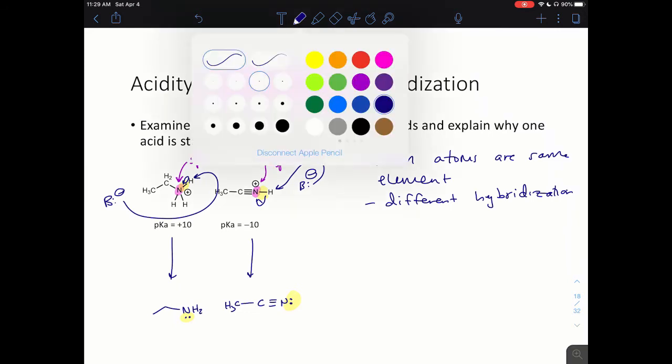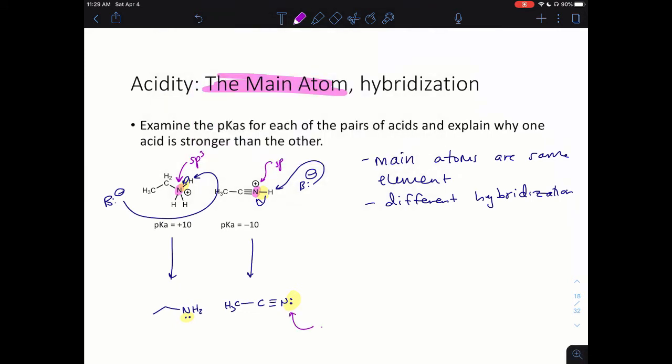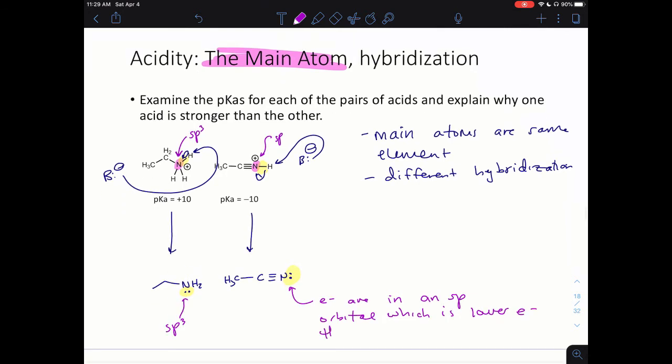Well, these electrons end up in an sp orbital, which is lower energy than the sp3. So we have a more stable conjugate base, and that corresponds to a stronger acid.